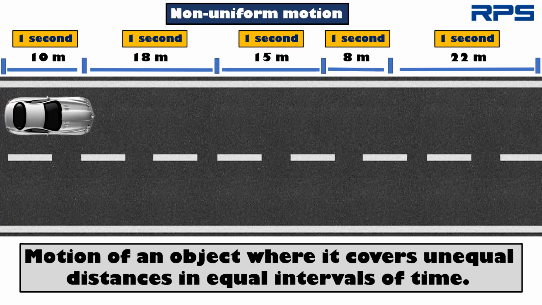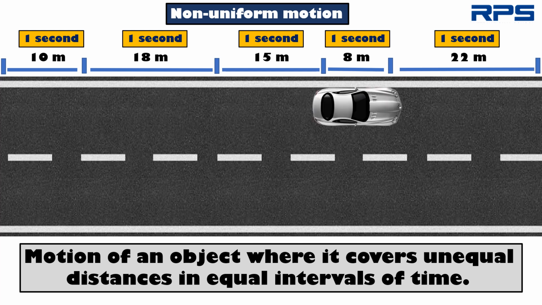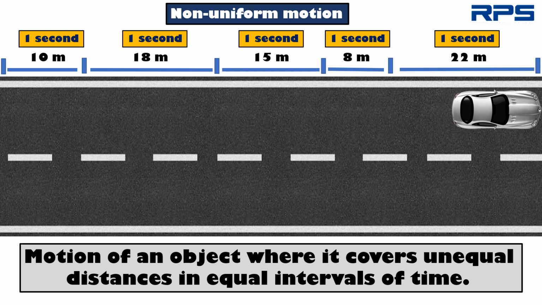In this case, each time interval is equal to 1 second, while the distance covered by the car in each time interval, that is, each second, is not the same. In the first second, the car covers a distance of 10 meters. Then, in the next second, it covers 18 meters, then 15 meters, 8 meters, and 22 meters in each next second respectively. Since the distance covered in each time interval is unequal, we can consider this as a non-uniform motion.